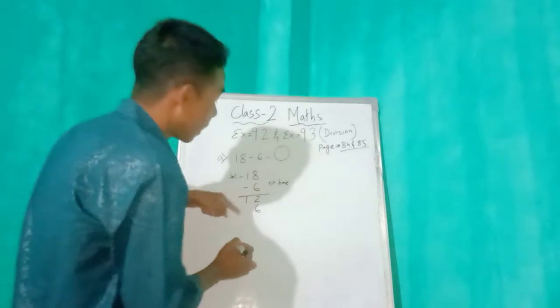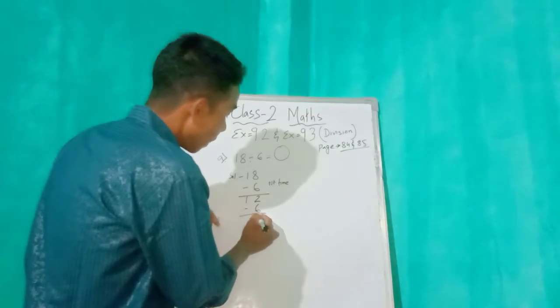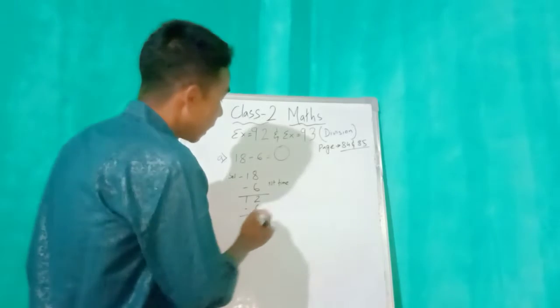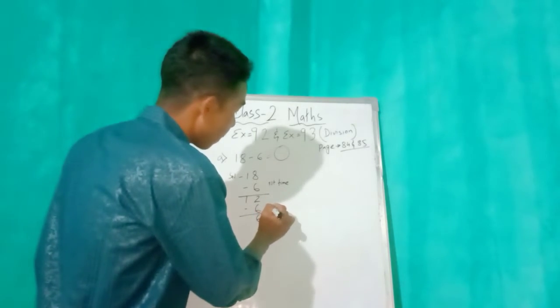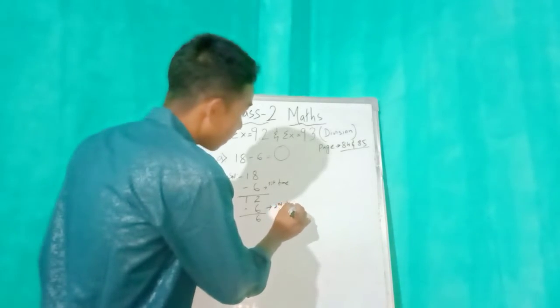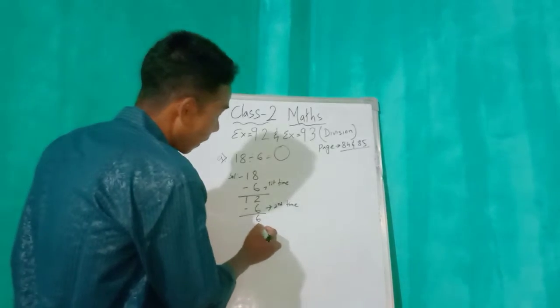Now minus. From 12 we minus 6, then this is the second time. Now this 6 will come down here again.